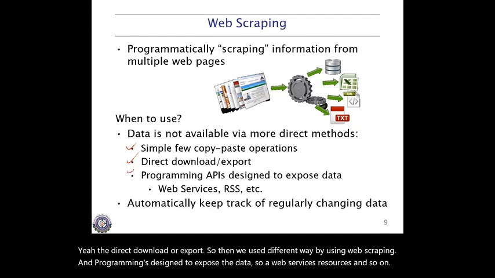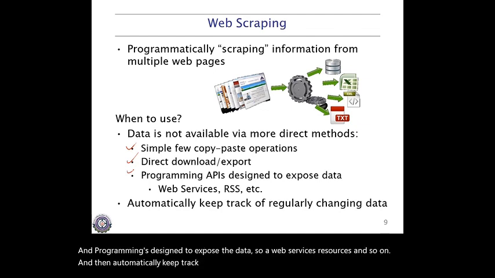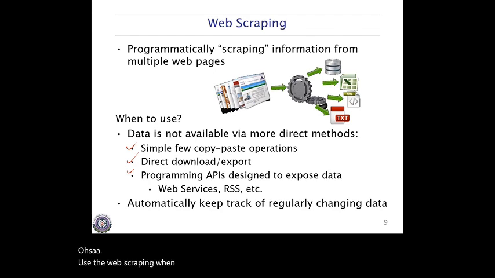And then automatically keep track of regularly changing data. So we also use web scraping when this condition is met: the data is not available through direct methods, or it keeps changing and we need to keep track of the regularly changing data.